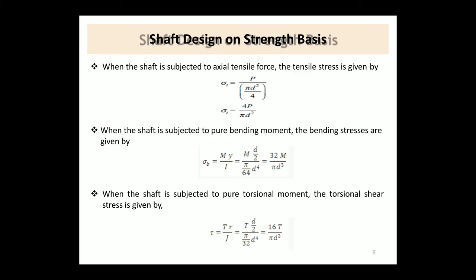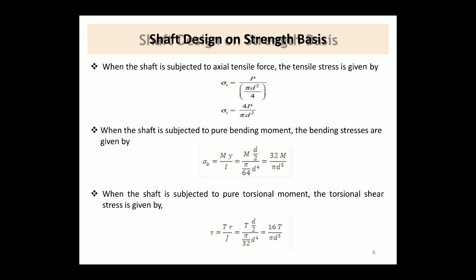Next, when the shaft is subjected to pure bending moment, the bending stresses are found by using the bending equation, M by I equal to sigma by y.